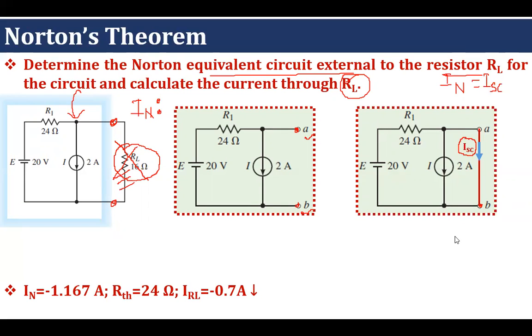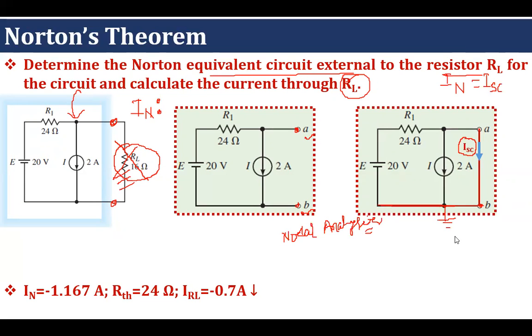Firstly, let's see it by the nodal analysis method. So we are applying nodal analysis. In nodal analysis, firstly we have to define a reference node. So I am assuming this as the reference node.